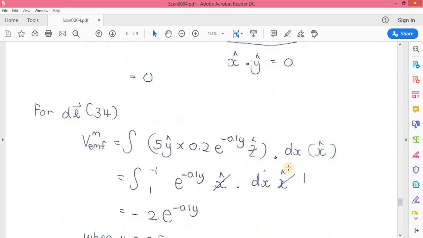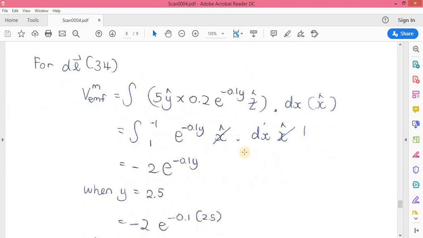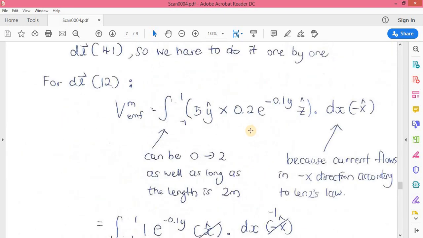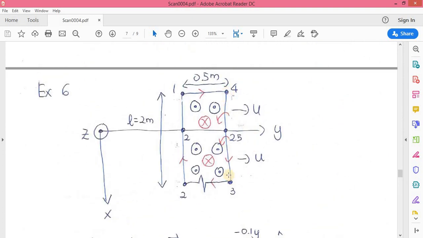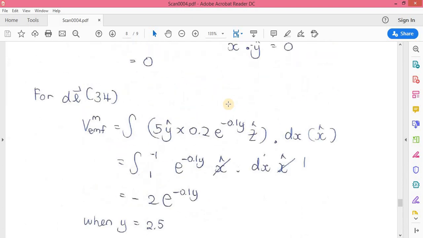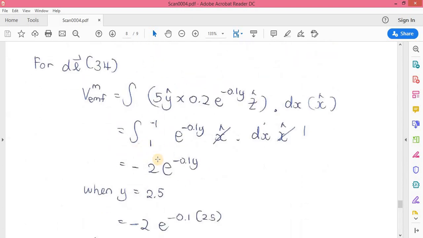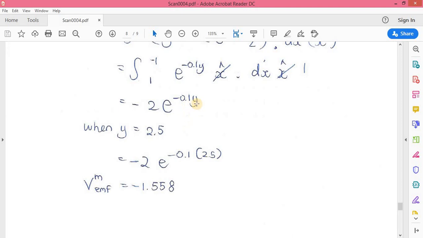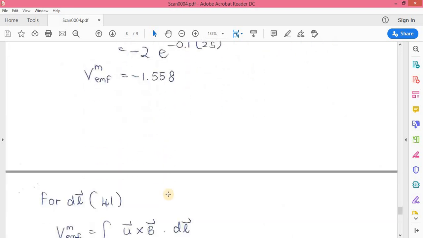So for the dot product, and the interval for dx, you have to look here. The current flows in this way, in the positive x direction. So you have to integrate from 1 to negative 1. When you replace the y into it, you will get your voltage equal to this one.